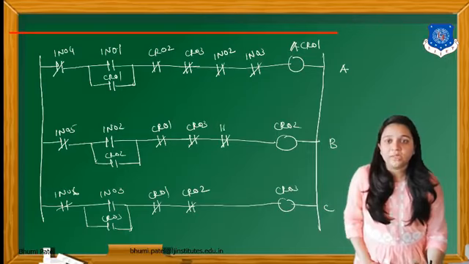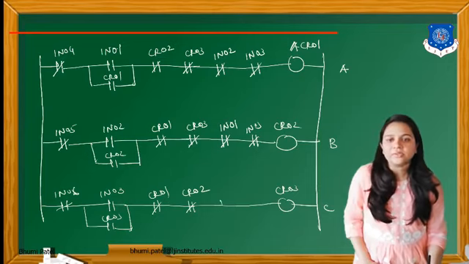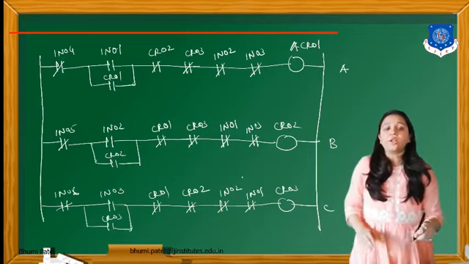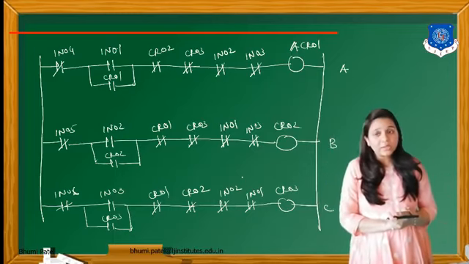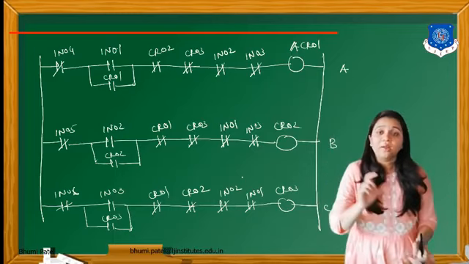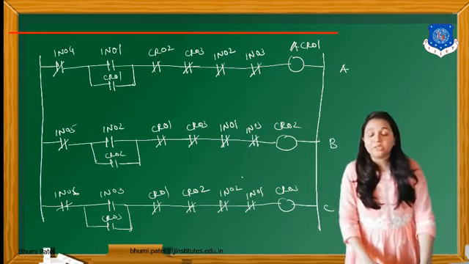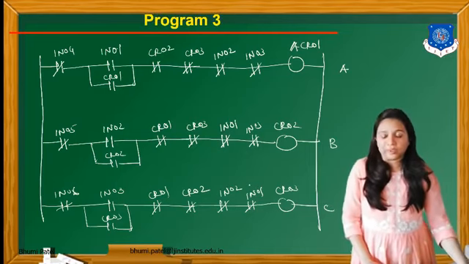For machine B, it is IN01 and IN03. And for machine C, we put the interlocking IN02 and IN01. So all these connections are for the interlocking, because the condition in the program is that only one machine will run at a time. Okay, so this is the ladder logic diagram for program number 3.